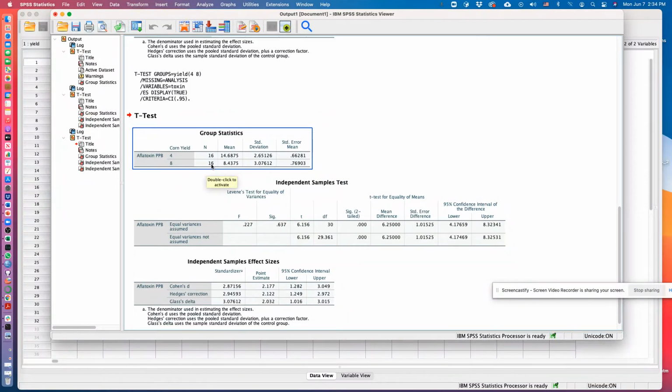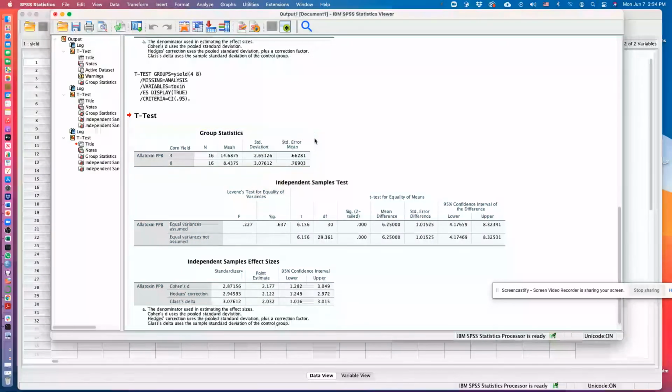So there were 16 eights and 16 fours. And so the average toxin level for the fours was 14.68, and then the average for the eights was 8.42. So there's a definite difference in the average for the two groups.